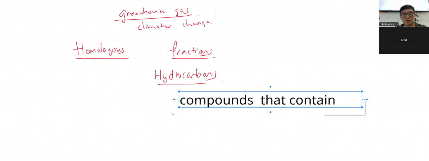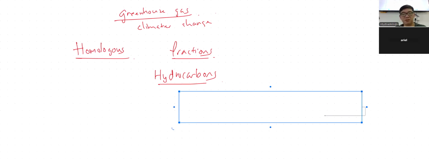Contain only? Hydrocarbons, is it under the periodic table chapter? No, under the organic chem chapter. I think you got confused with halogens. Halogen is under the periodic table. Hydrogen and carbon.